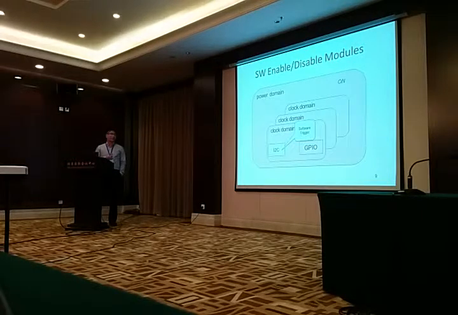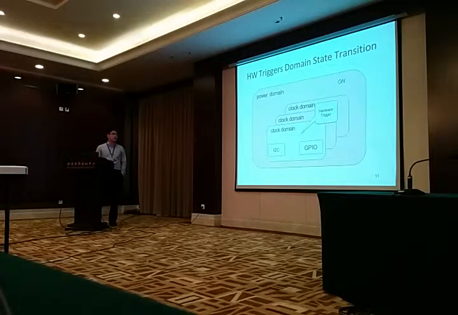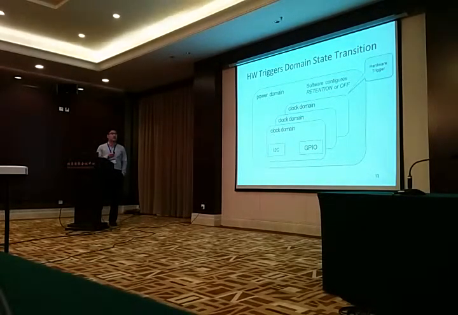Software is responsible for disabling an idle module. And when all the modules in a clock domain are disabled, hardware will automatically gate the clock domain. And when all the clock domains are gated, hardware will automatically transition the power domain to a low power state, which is either retention or off. And this is pre-configured by the software.